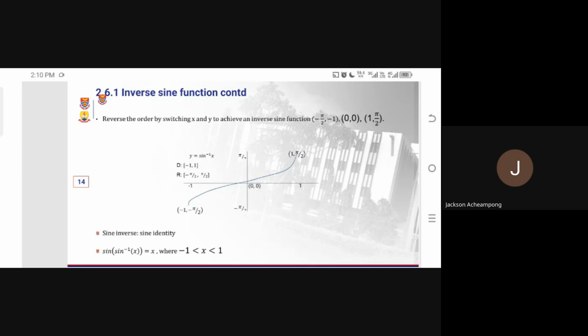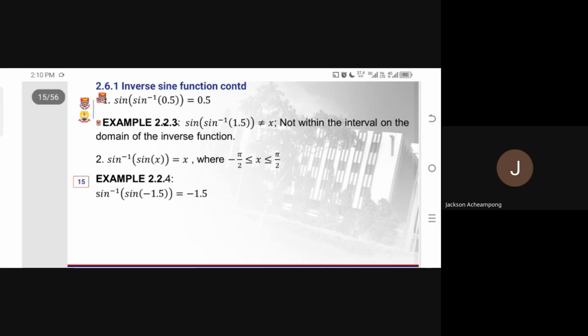Note that the first rule is that sine of sine inverse of x should be equal to x when x lies between -1 and 1. The second is that sine inverse of sine x should be equal to x when x is lying between -pi/2 and pi/2. Are we okay?